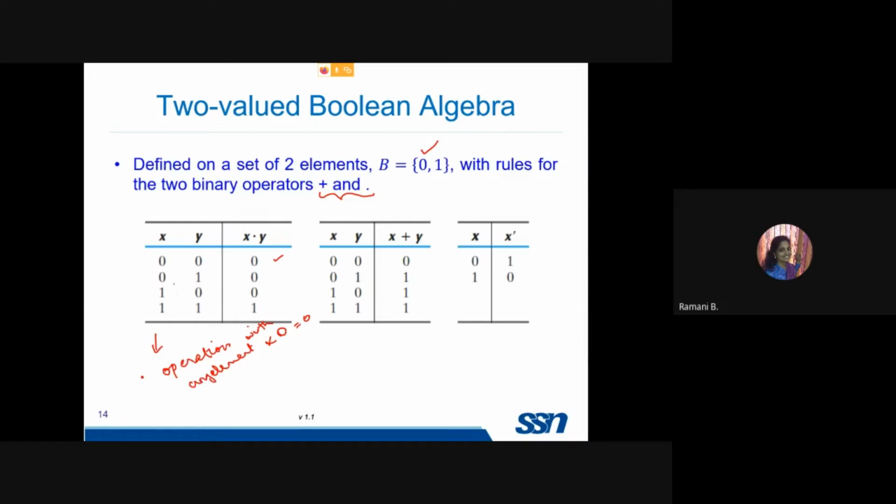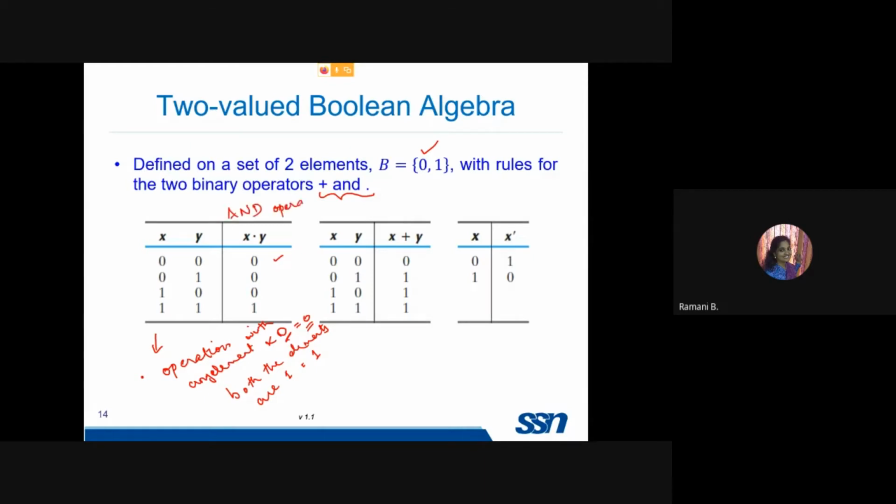So if any one of the values in x and y is 0, I am going to have the output of this function to be 0. And if both the elements are 1, the output is going to be 1. So this is nothing but similar to the AND operation.